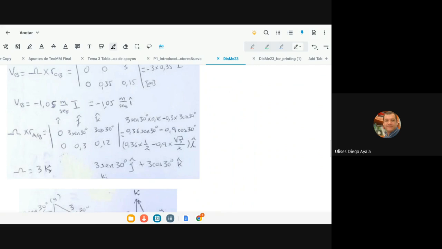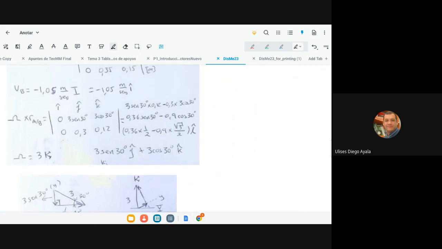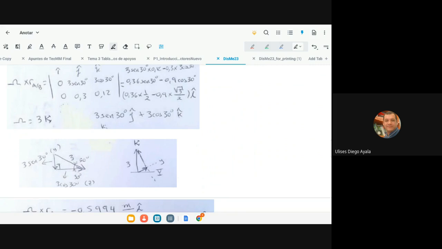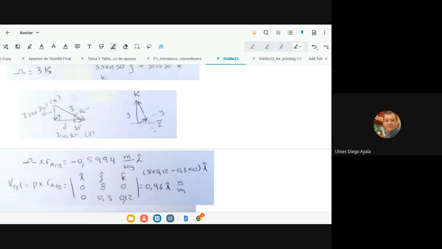We have the result, and then we have the final value here. Okay. Then we need to combine. We have 3 omega. Omega is 3. This is omega 3.